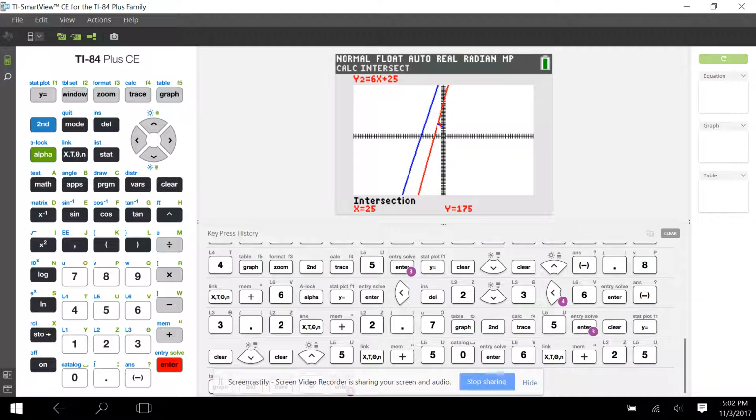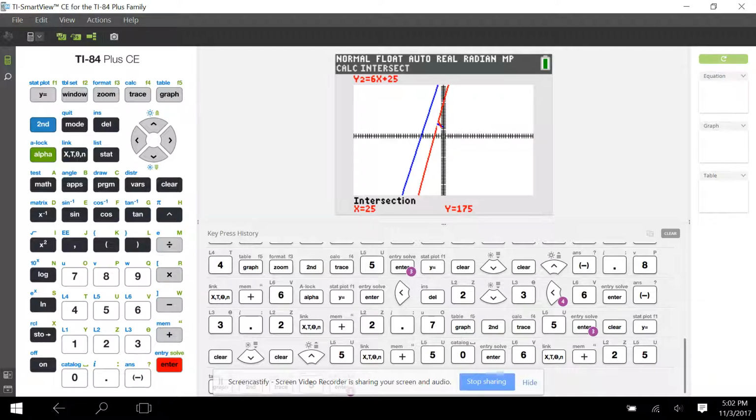I'm just going to see if I can do this real fast on calculator and compare. So we have 5x plus 50, and we had 6x plus 25. Yeah, see, that's just not even, and even if I do a zoom 3, so it looks like what's on the screen, which I did. If I do second trace 5, enter, enter, enter.